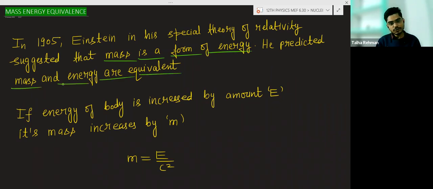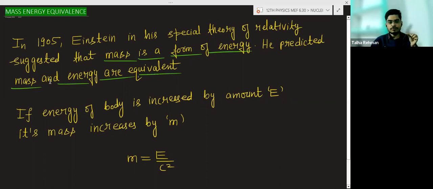What is the meaning of equivalent? Mass can be converted into energy, or energy can be converted into mass.